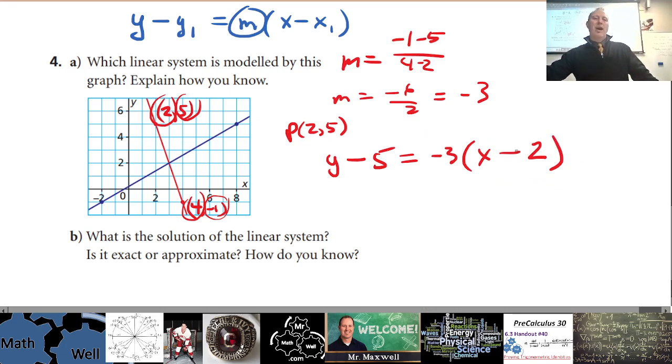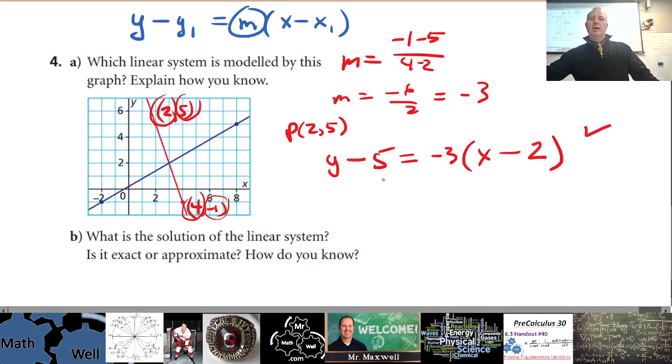Y equals mx plus b is usually best, but you don't have to put it like that. You should get rid of the brackets though, and maybe gather some like terms. So this is just okay. It doesn't say what form they want it in, right? Okay. So you can stop there if you want.